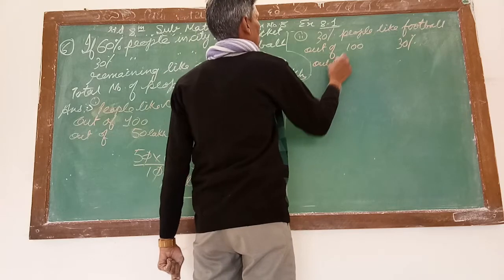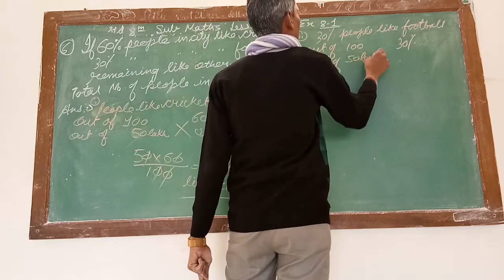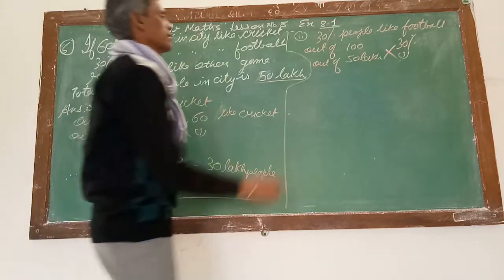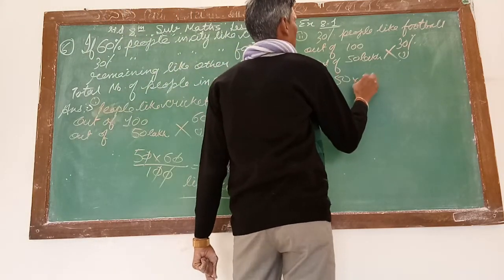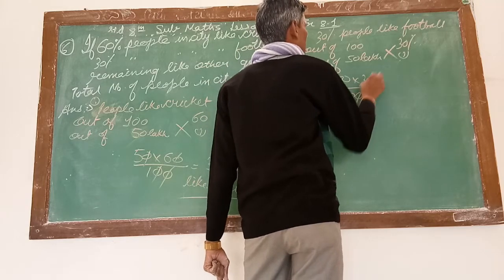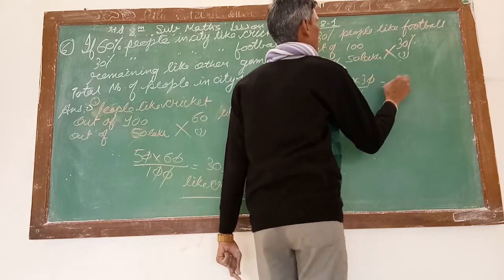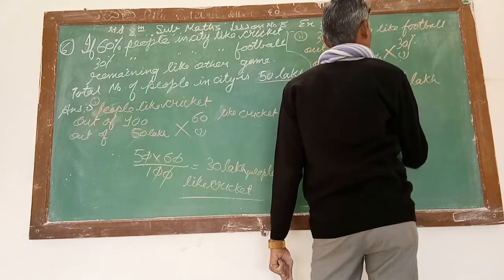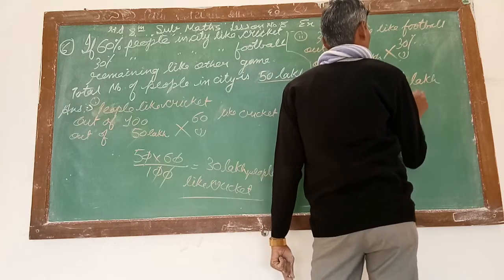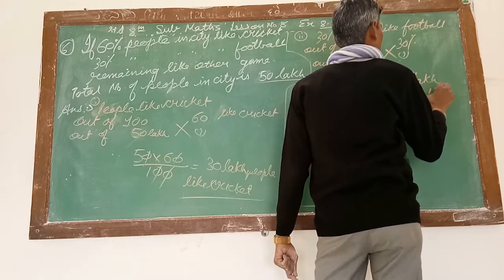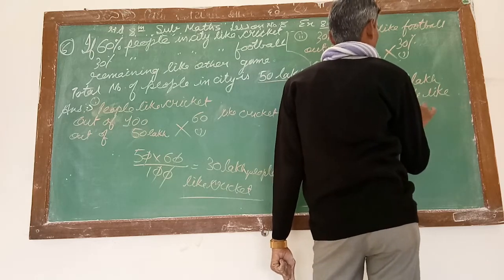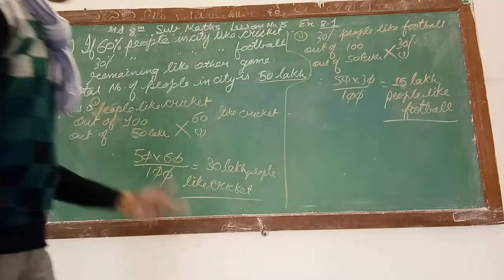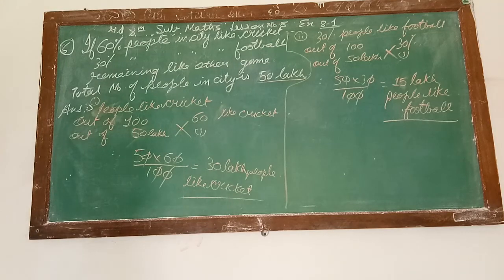Therefore, out of 50 lakh, how many people like football? That we have to calculate. Therefore, 50 into 30 upon 100, zeros cut, 3 5s are 15 lakh people like football.